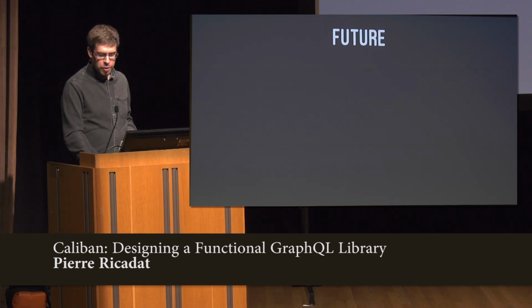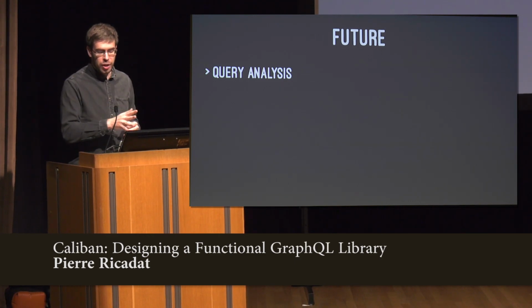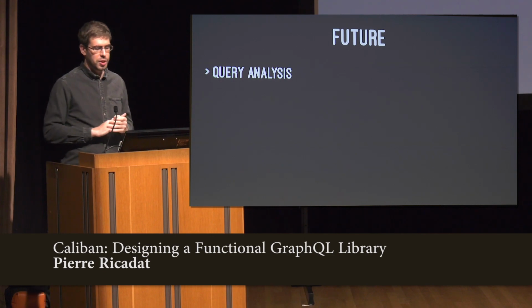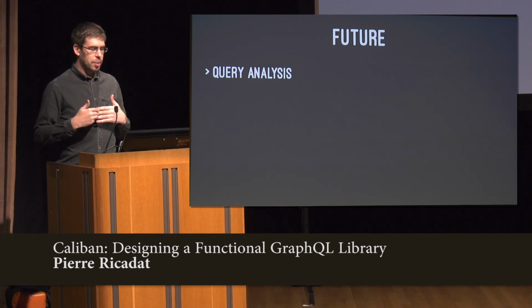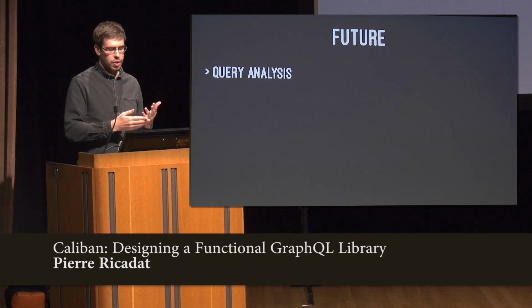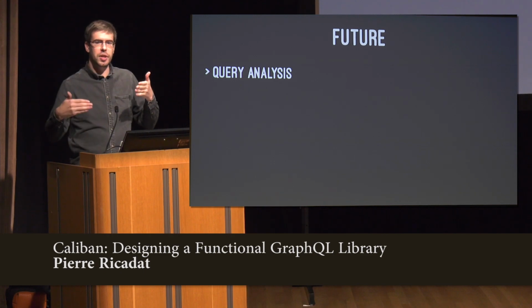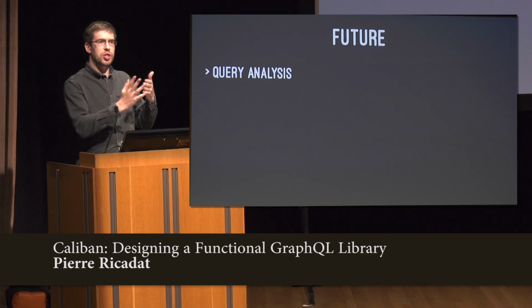So I have some plans for the next releases of Caliban. It's almost done, not merged yet, but almost finished. I'm adding a query analysis module so that you could analyze a query before the execution and potentially reject it.